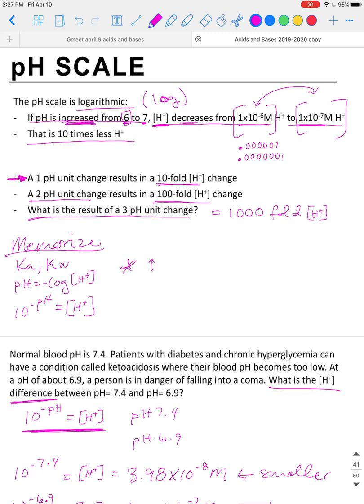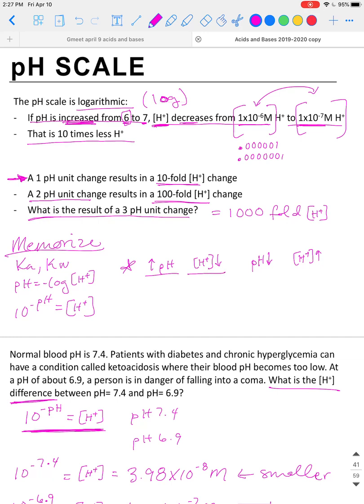You need to know this relationship: as pH goes up, the concentration of H plus goes down. And vice versa, as pH goes down, the concentration of H plus increases. They're kind of inverted.